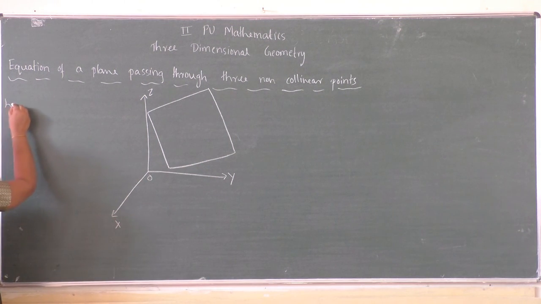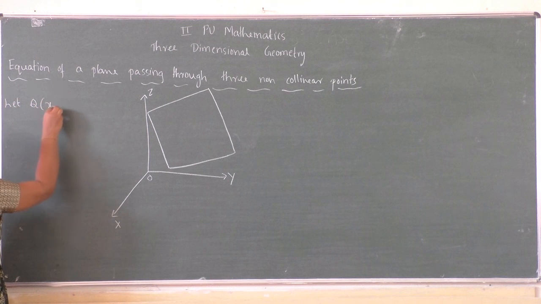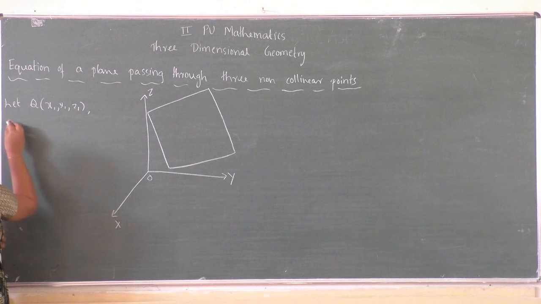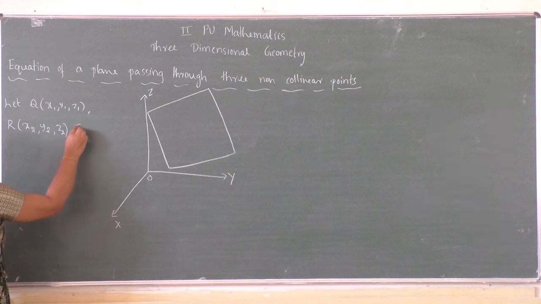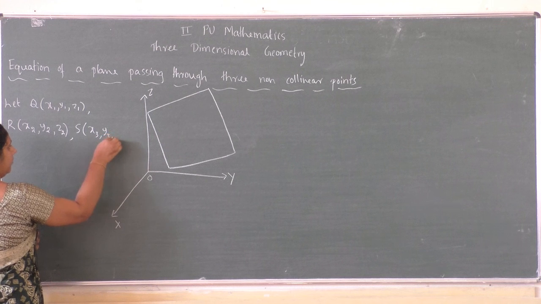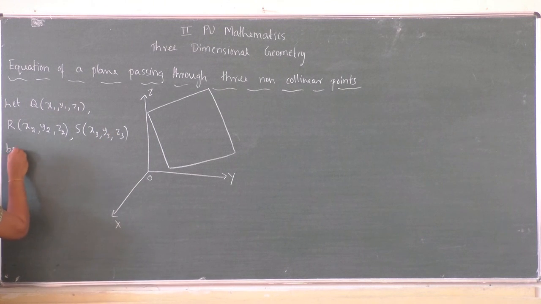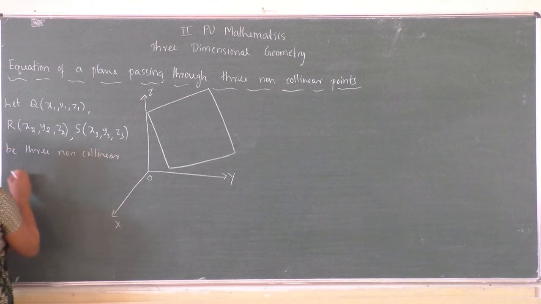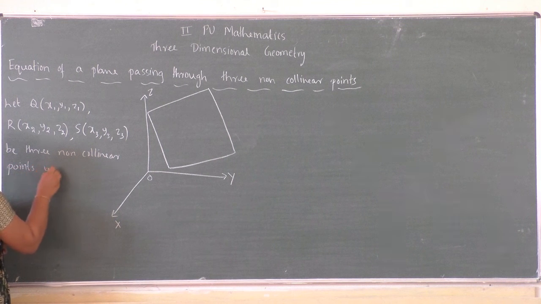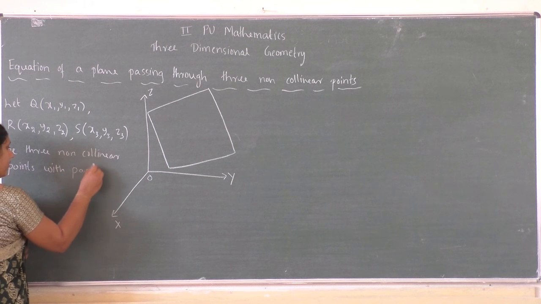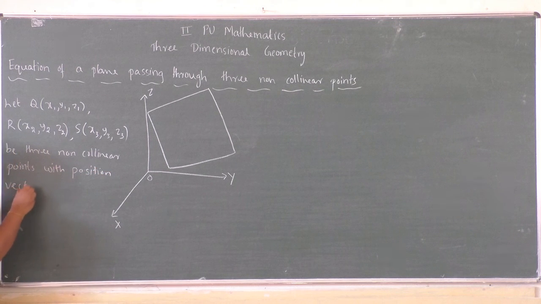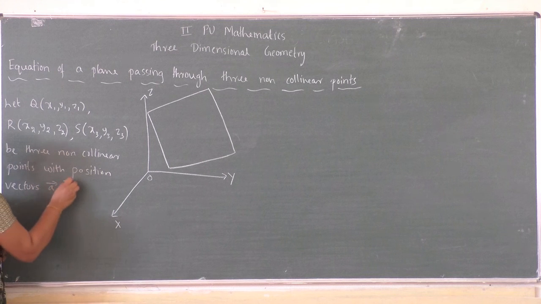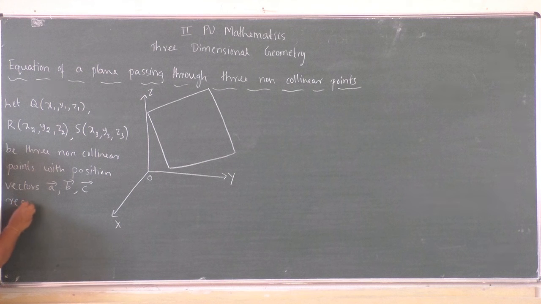Let Q(x1, y1, z1), R(x2, y2, z2) and S(x3, y3, z3) be 3 non-collinear points with the position vectors A vector, B vector, C vector respectively.